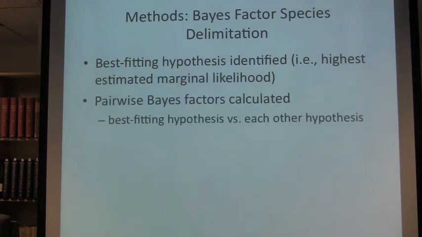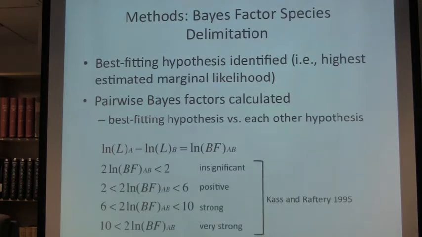And because the Bayes factor is a pairwise comparison, I pairwise compared all other hypotheses to this best fitting hypothesis, and log transformed this to apply statistical support. So in accordance with Kass and Raftery, 1995, 2 ln Bayes factor support of greater than 10 is considered very strong. So this was my cutoff for species delimitation.